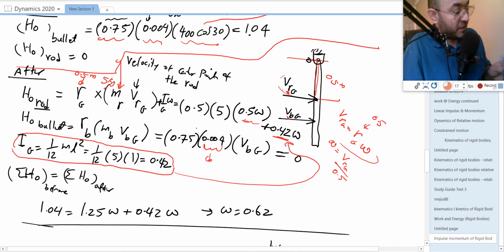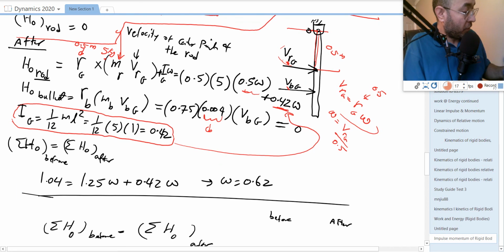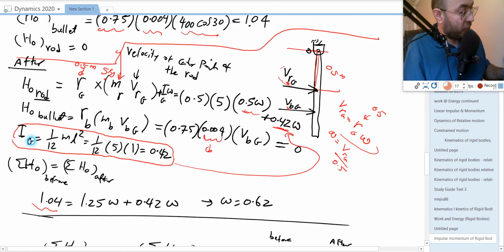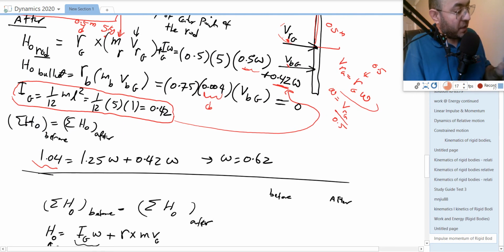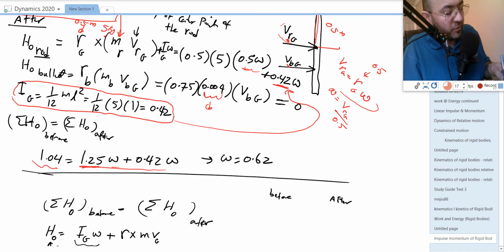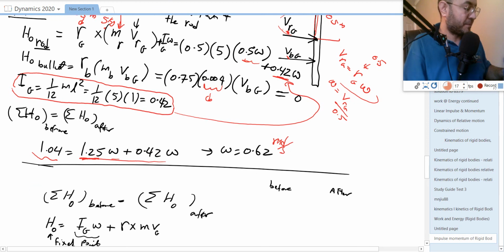So we found everything in terms of omega. The sum of HO before the impact was 1.04. After impact, we have these three multiplied, which gives 1.25 omega plus 0.42 omega. From here we find omega is 0.62 radian per second.